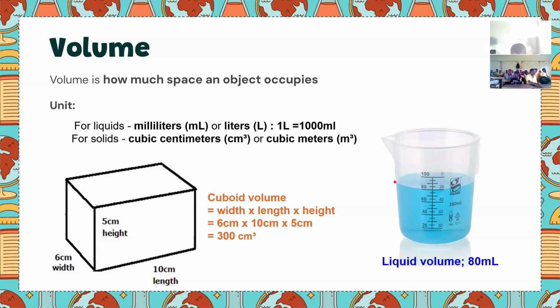Here on the right, can you see the volume of this liquid? Here the mark lies around 80, so the liquid volume is 80 milliliters. You can see this beaker is measured in milliliters.